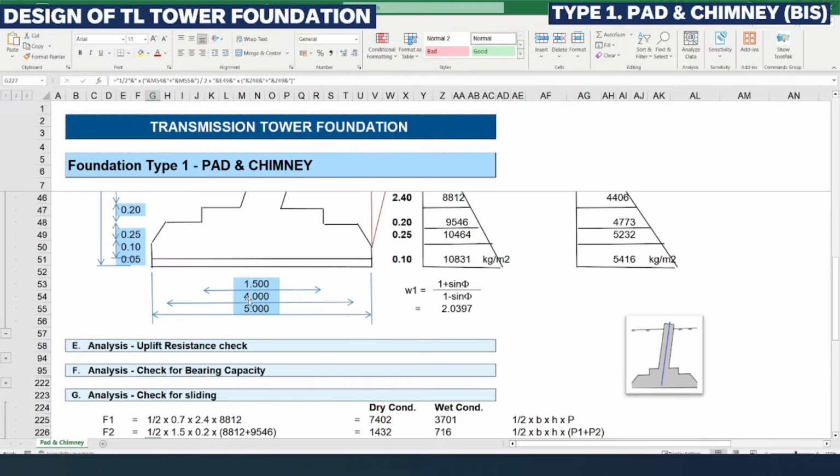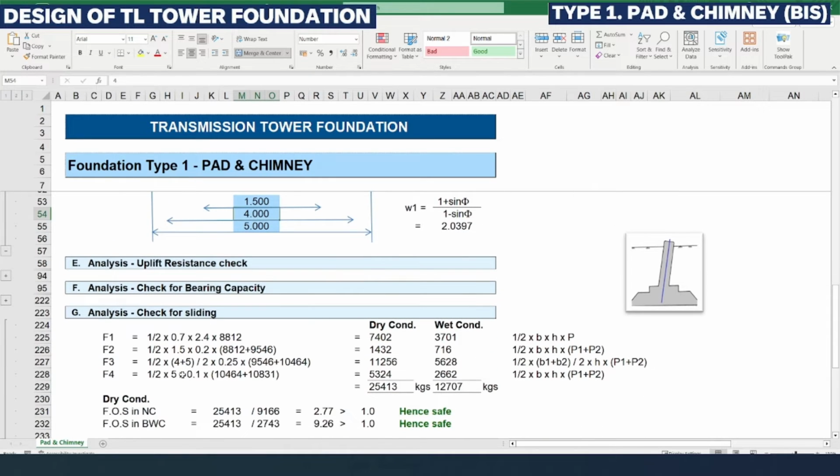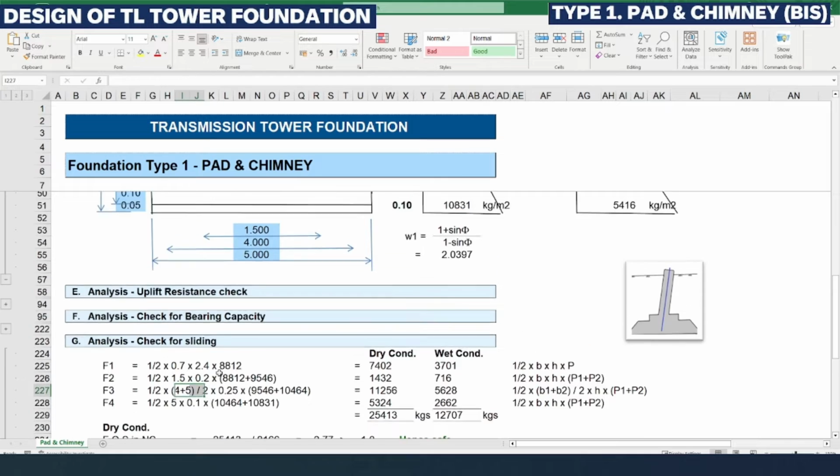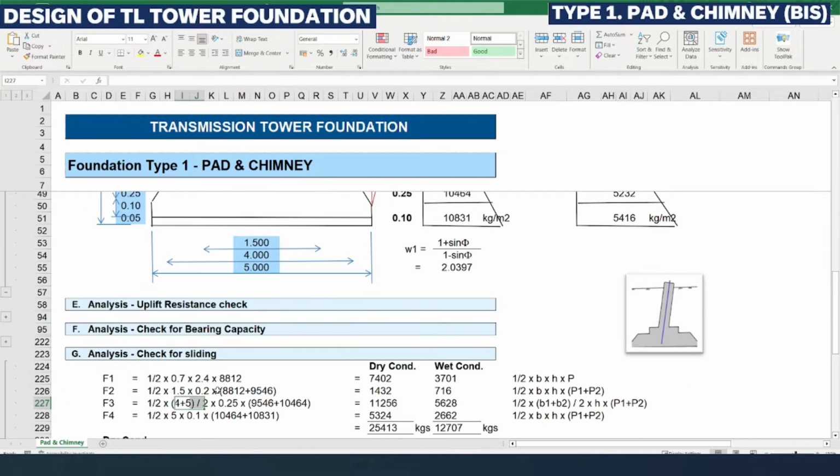So you can see that 4 meter is this edge to this edge and 5 meter is this to this edge. So average of these two we are considering, 4 plus 5 divided by 2 into the thickness 0.25, and average of this 9456 plus 10464, divided by these two, half we are considering initially itself, because this is a trapezoidal section.